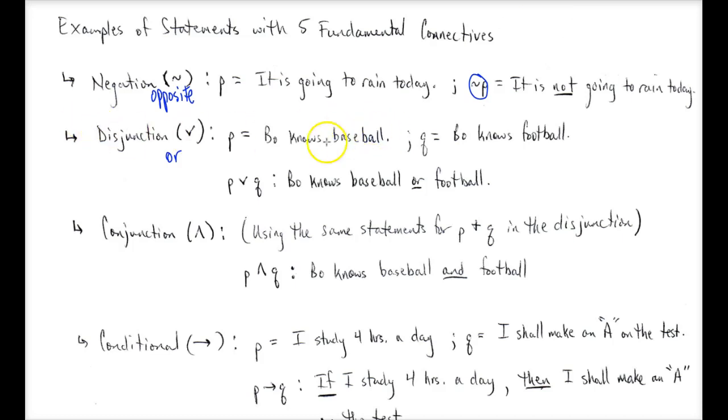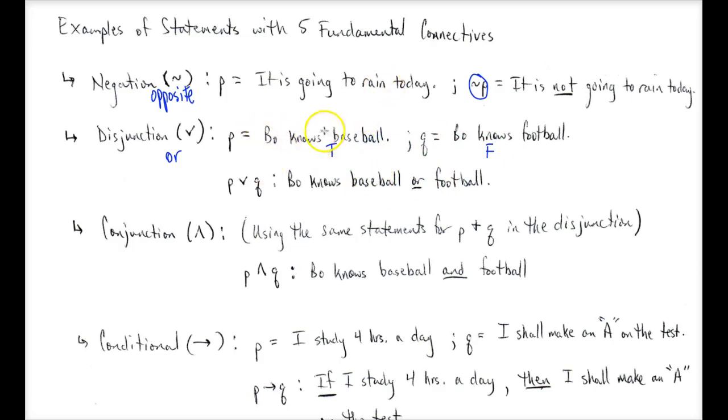So as an example here, if we say Bo knows baseball, if that's true, and we know that Bo knows football, if that's actually true, then of course, in that case, we know that Bo knows baseball or football. Now, of course, we could have a situation where this could be true and that could be false, but this whole entire statement could still be true.